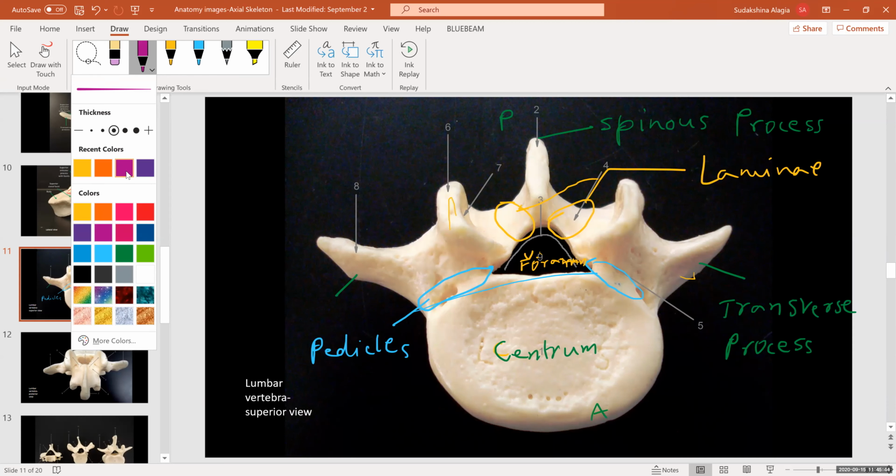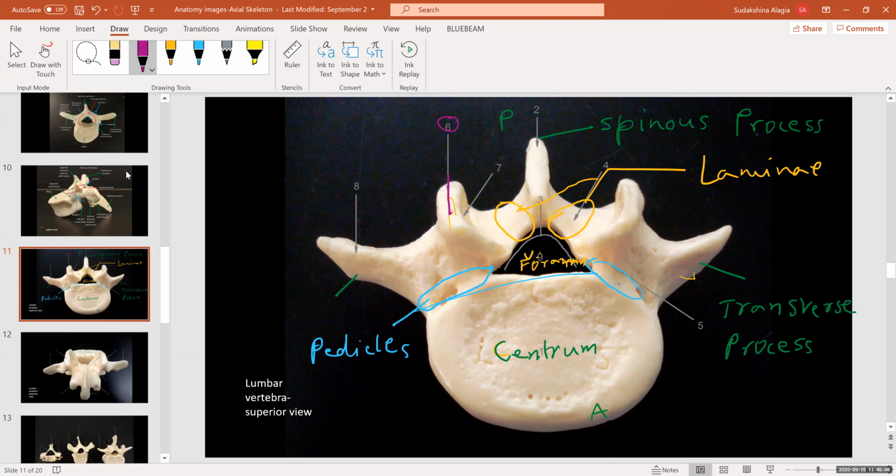This is the superior articular process, or processes if you are referring to both.